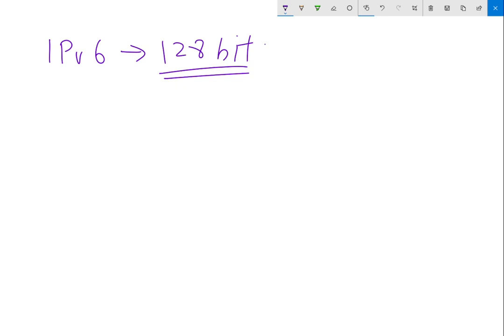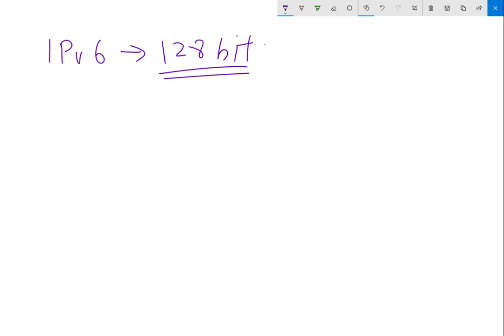So it mitigates the problem of depletion of IP addresses. It can accommodate a lot of devices which are requesting IP addressing. So what is IP version 6 going to do? It is going to do the same task or same functions as IP version 4.